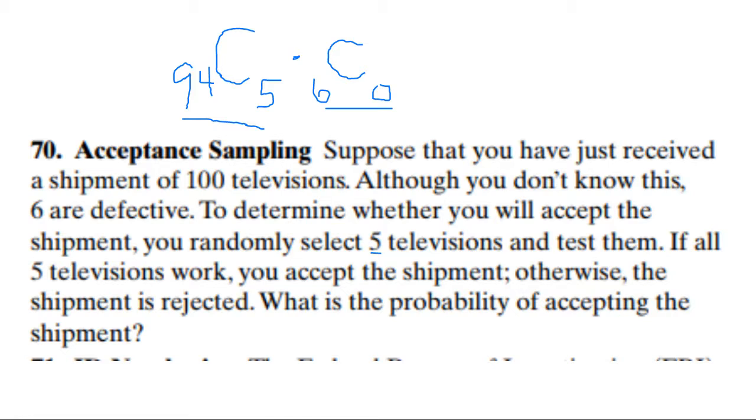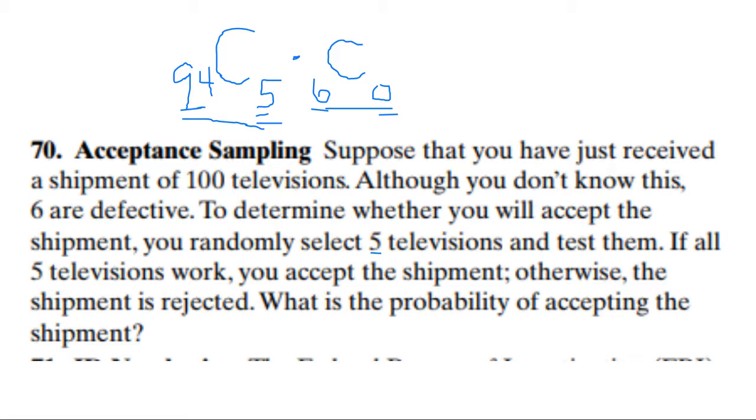Okay, so this is counting how many different ways can I pick 5 good ones. So it's 94 choose 5, divided by, and this I'm picking 0 bad ones. Now the thing I'm telling you is that this number and this number are going to add up to 100, and this number and this number are going to add up to 5.